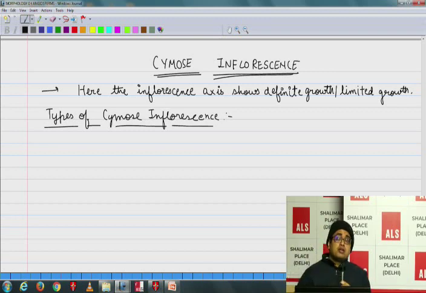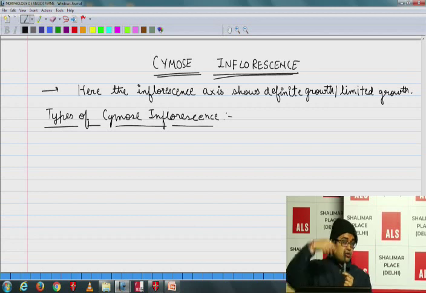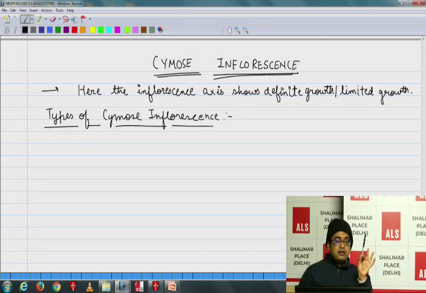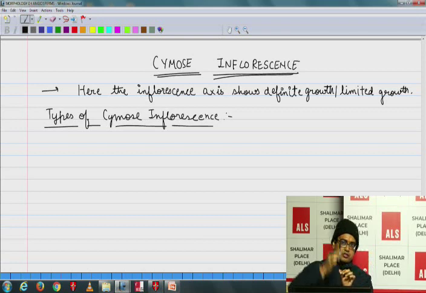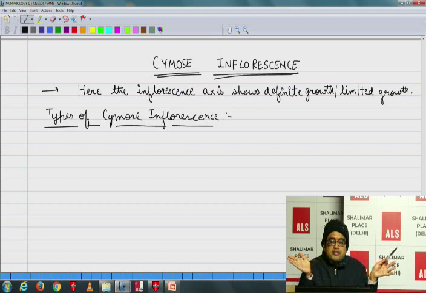In cymose, the oldest flower is at the top, and after this has undergone flowering, it will not grow upwards. It will grow sideways. Sideways new flowers will come.